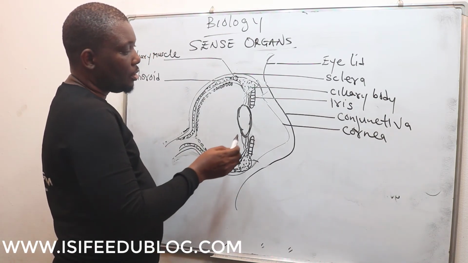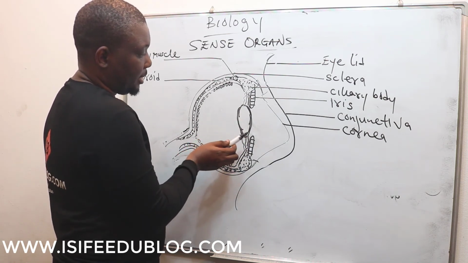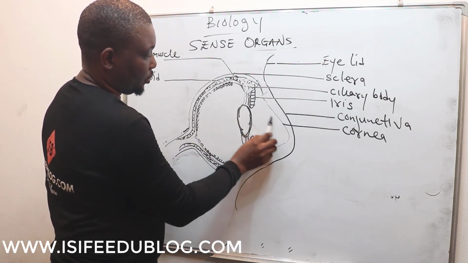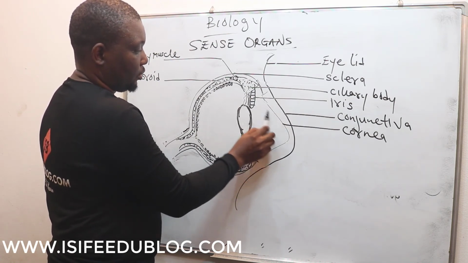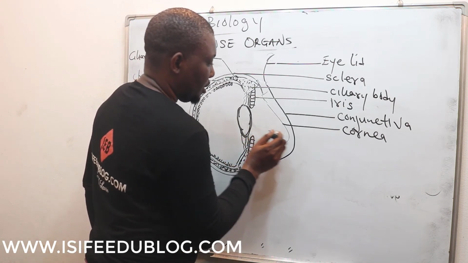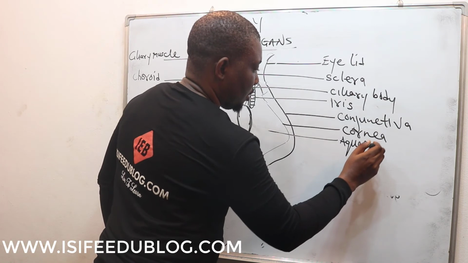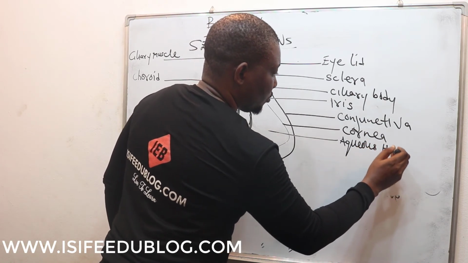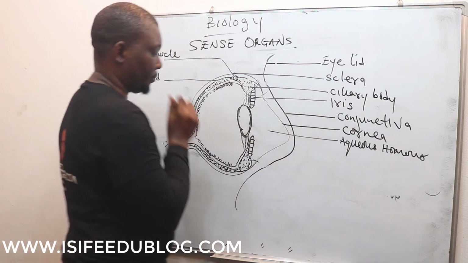Now, there is a lens. This is a lens. But before the lens, there is a structure here. There's a solution here, which is called the aqueous humor. Aqueous humor.